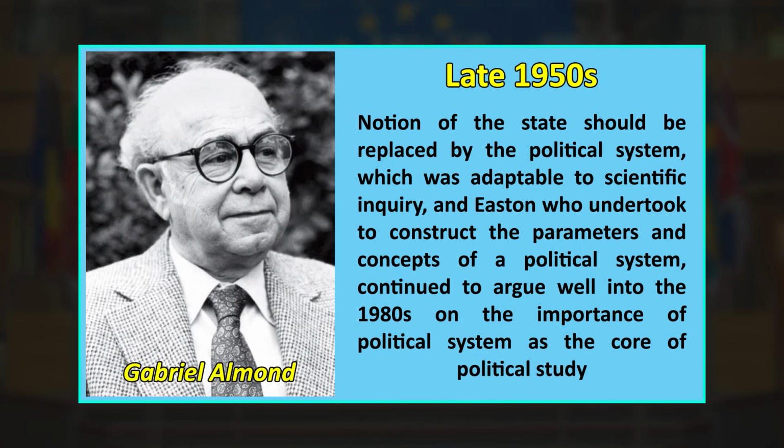Gabriel Almond, who had argued in the late 1950s that the notion of the state should be replaced by the political system, which was adaptable to scientific inquiry, and Easton, who undertook to construct the parameters and concepts of a political system, continued to argue well into the 1980s on the importance of the political system as the core of political study.